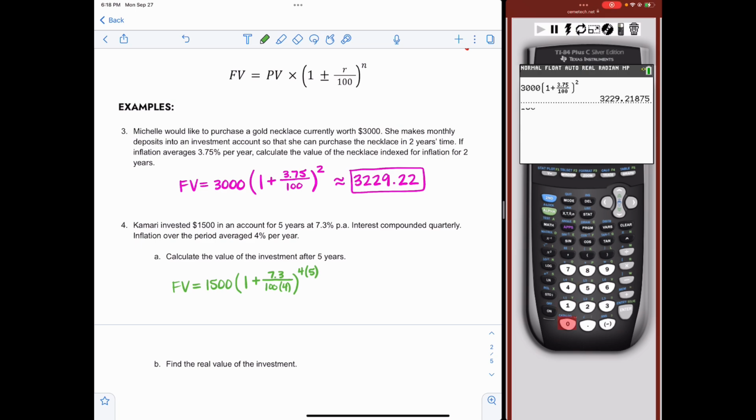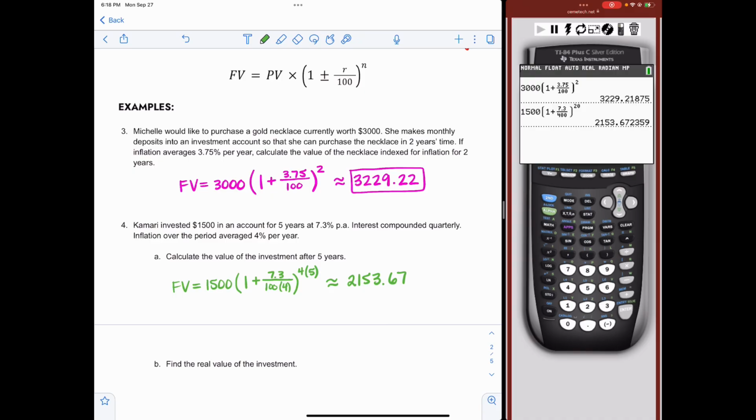So I'm going to have 1,500 times 1 plus 7.3 divided by 400, because 100 times 4 is 400, to the power of 4 times 5, which is 20. And we will see that the future value of that account is approximately $2,153.67.